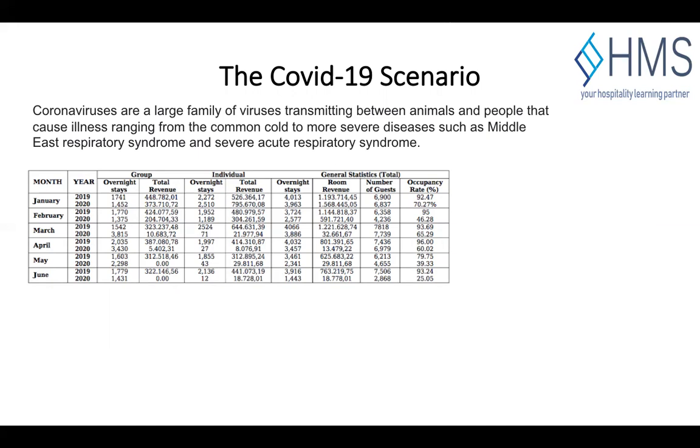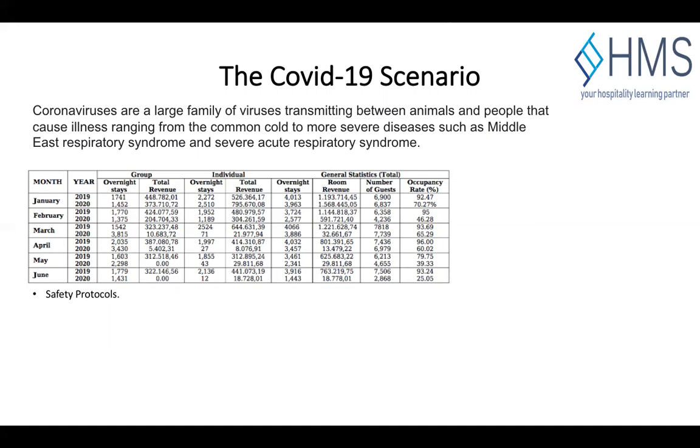So COVID has adversely impacted the hospitality industry, the hotels in particular. However, now hotels have come up with safety protocols, offering PPE kits to rooms and guests.